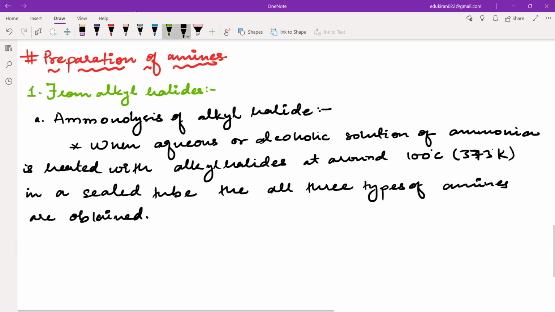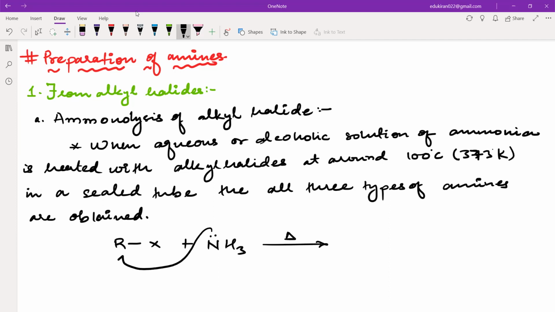So you have a reaction like this: RX is treated with NH3 with some heat. First, the nitrogen's lone pair attacks the R-X bond, and the X leaves. It is a simple nucleophilic substitution reaction, and you get R bonded to NH3.